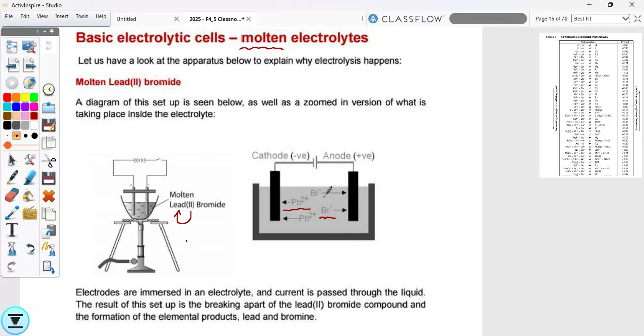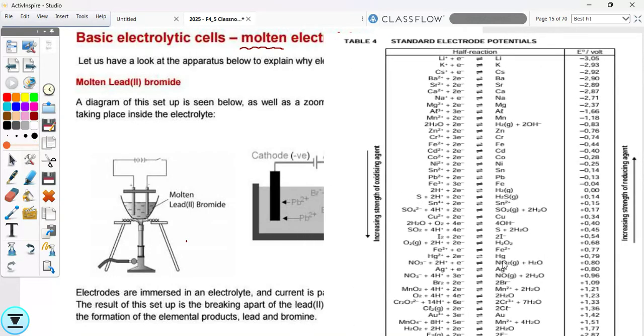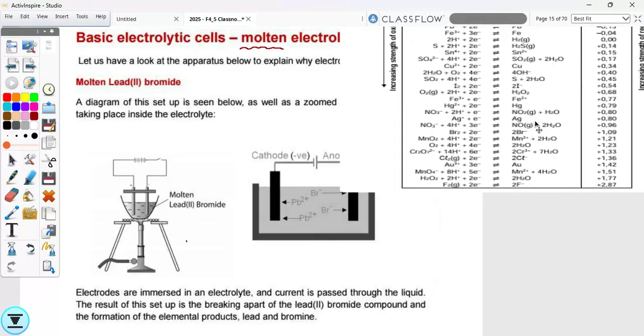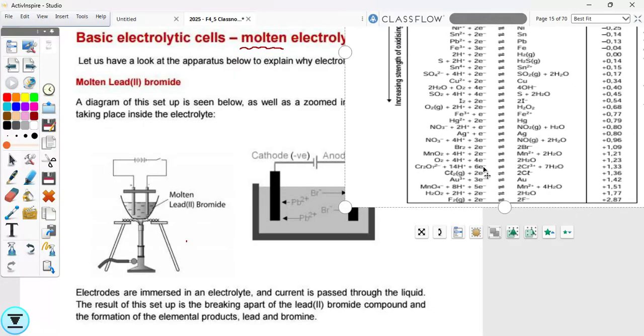We have only that. So if we go and look at our table now, I know the answers are right there, but I want to show you that the table still works beautifully, because now we've got lead and we've got Br. There's lead. Pb is, I can't say lead, I should say lead ions.